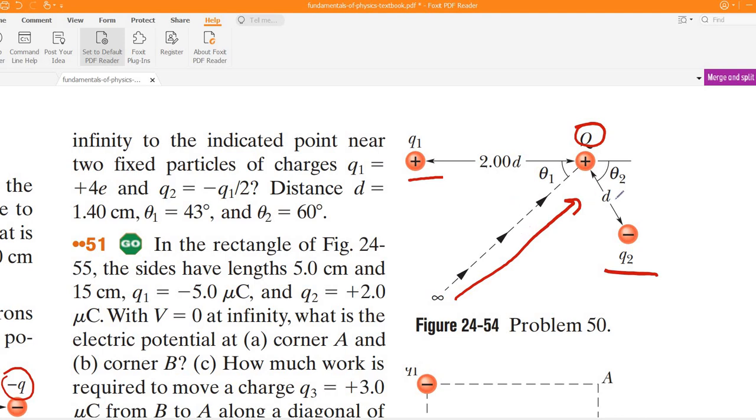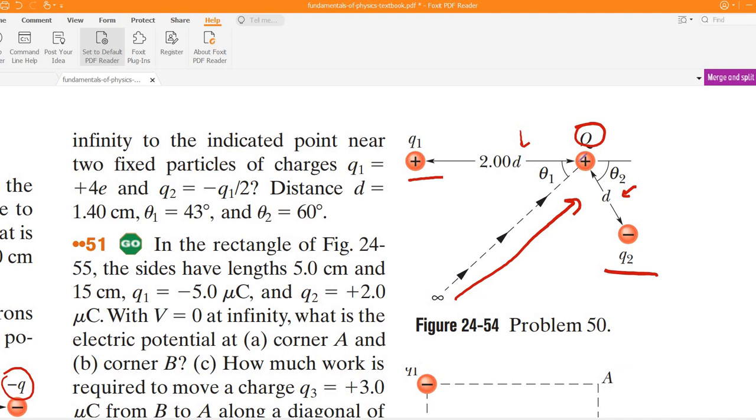So the distance d is given. So this is 2d, this is d, and there is an angle that's been given, and theta 2 is 60 degrees. Alright, so it doesn't matter along which path it has been brought, because remember, all that matters is the final configuration and the initial configuration.